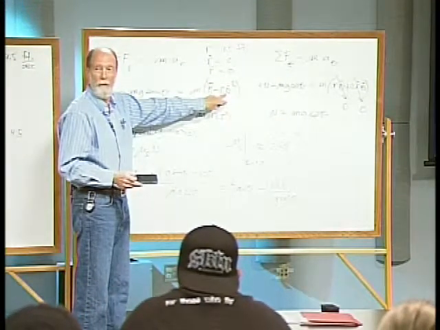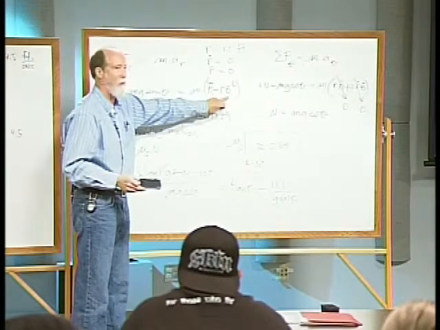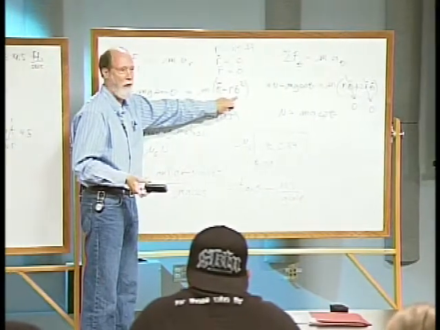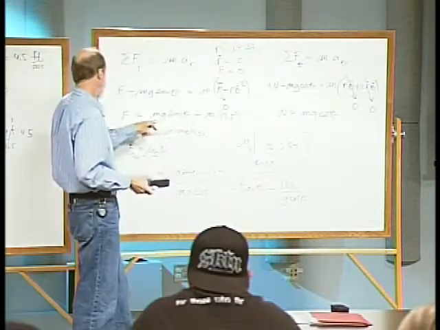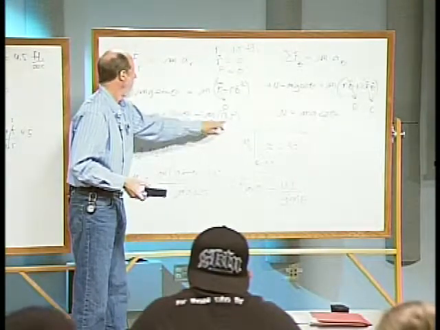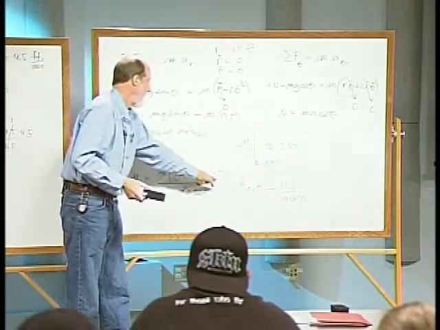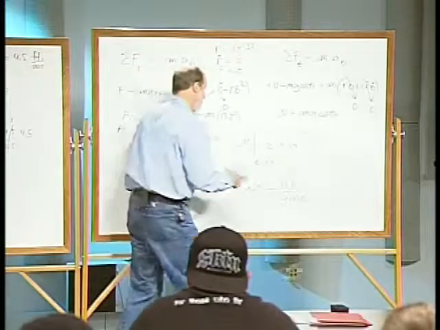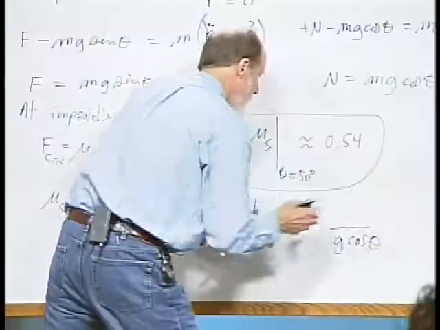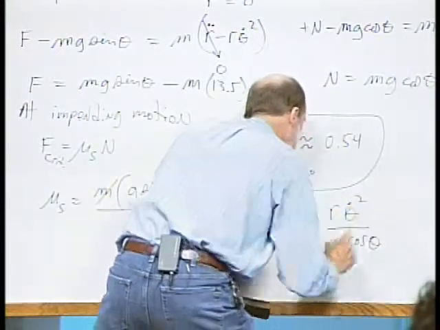I think it's worth maybe taking a moment to glance at that. Just leave this as r theta dot squared instead of using the 13.5. Let's track it. It drops right in here, r theta dot squared. The negative's already accounted for here. So right there, we can just drop in r theta dot squared.